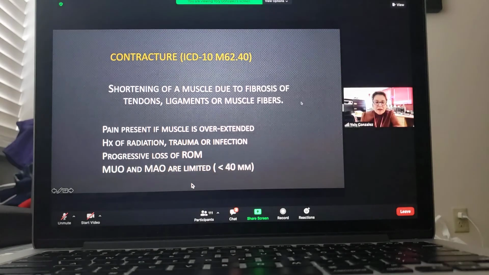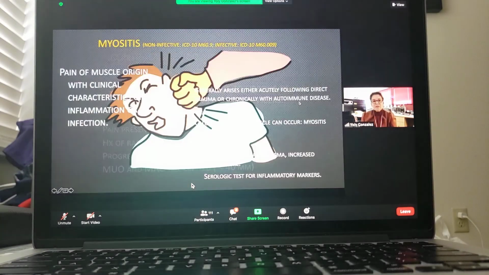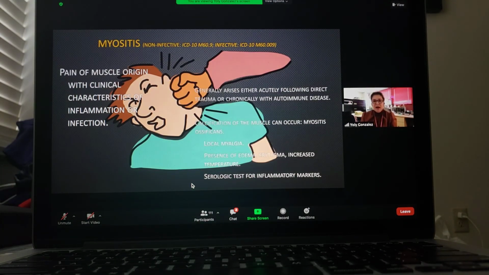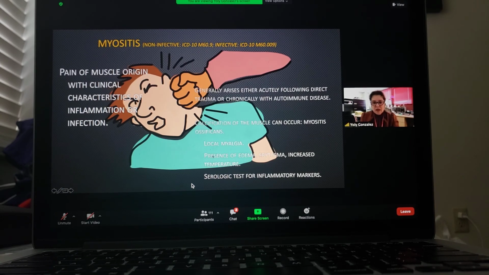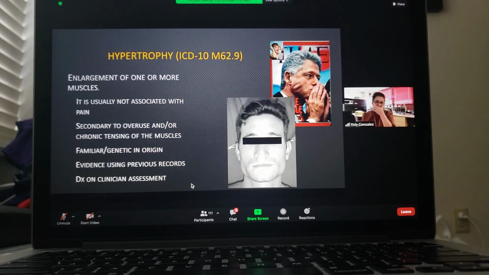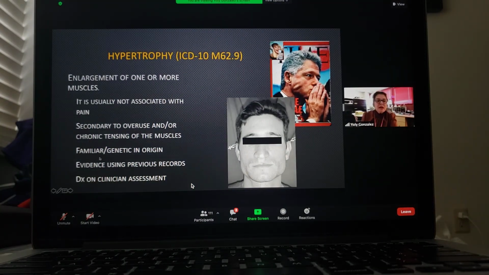I'm telling you, this computer is not helping. For confirming the diagnosis, some kind of serological test could be done, but serological tests that are done for inflammation are not specific to the muscle or not. They are more general and they are used for multiple conditions.